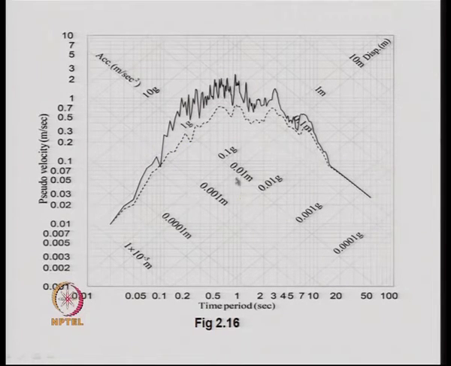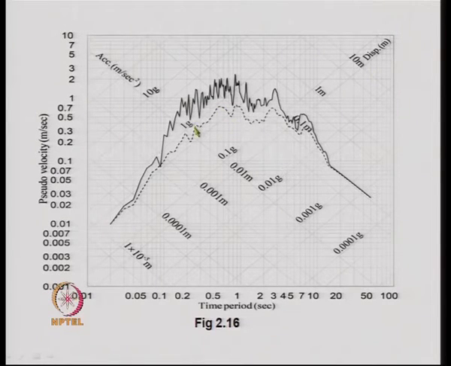That is, if I take a point like this, then for this particular point the S_v value will be read from this axis, the S_a value will be read from this axis, and the S_d value will be read from a line parallel to this axis.